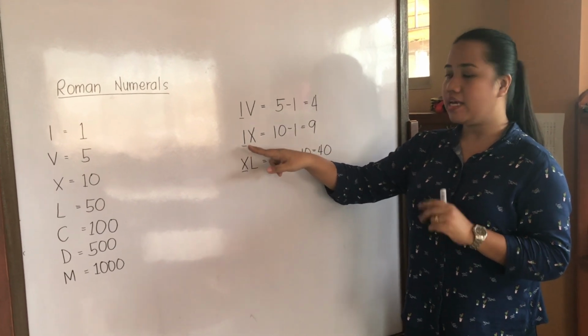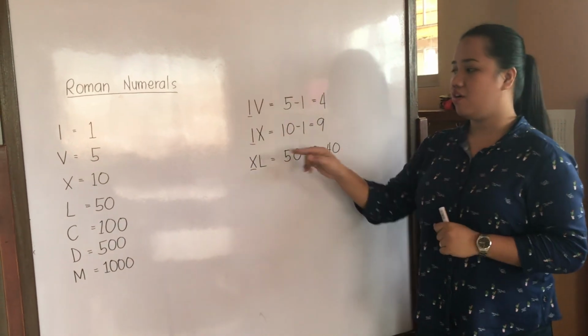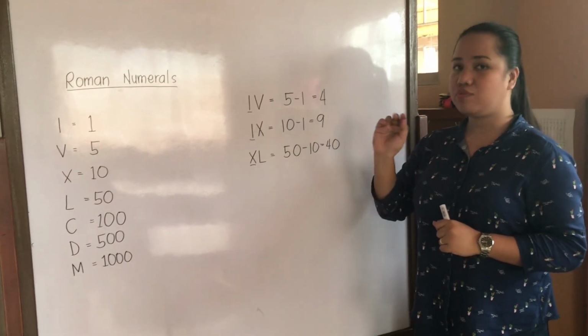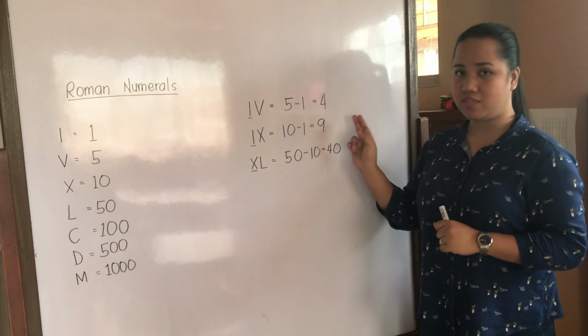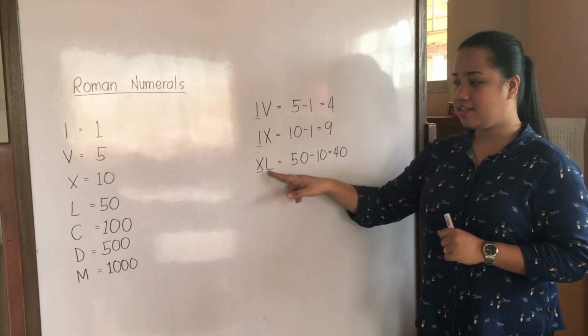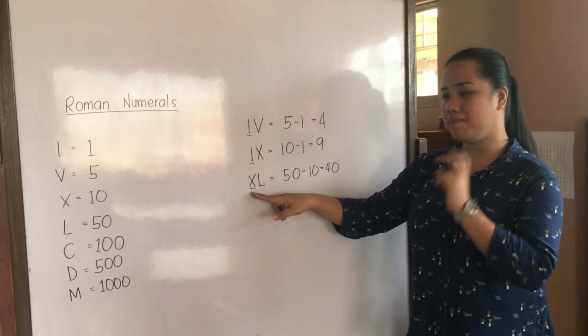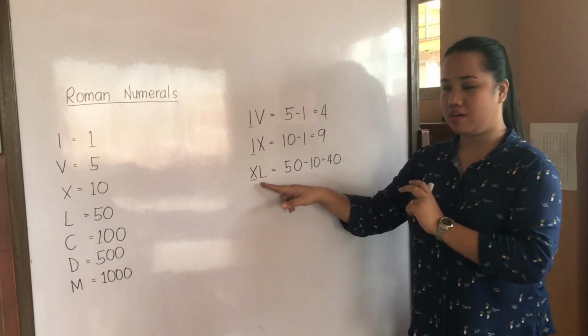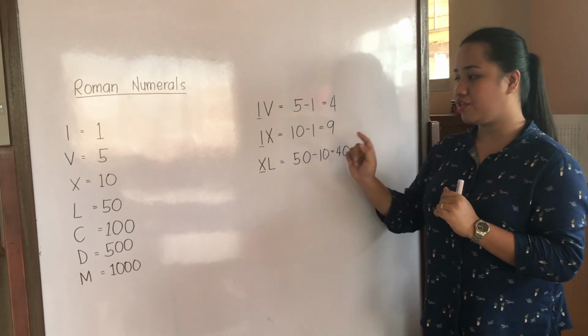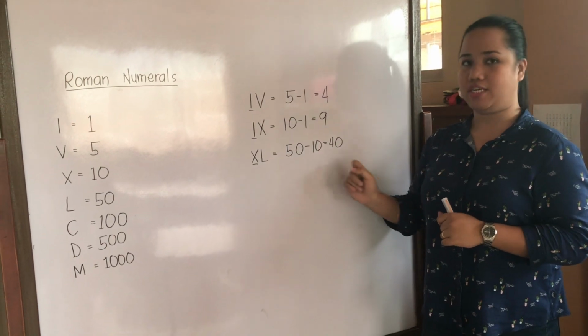So it means since it's placed on the left side of X, you have to subtract 10 minus 1 equals 9. Next is XL. L stands for 50. So X was placed before the bigger number. So X stands for 10. So 50 minus 10 equals 40.